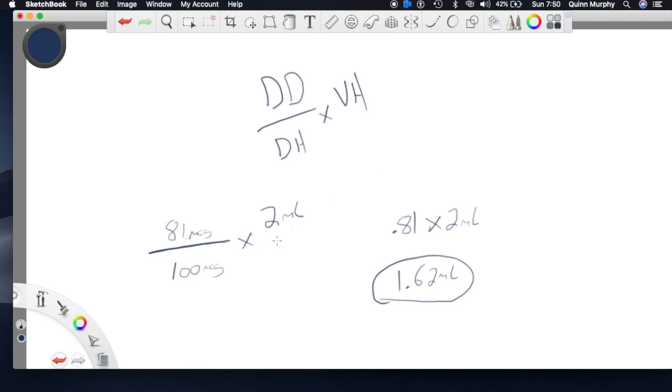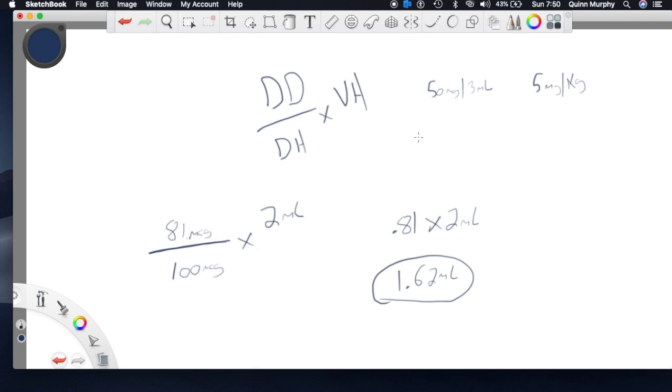Now let's say we've got a different drug. Let's say pediatric amiodarone. Amiodarone, we know, comes in 50 milligrams per 3 mLs, and our pediatric dose of amiodarone is 5 milligrams per kilogram. So let's say we have a 30-pound patient.